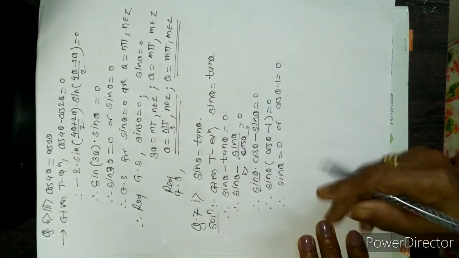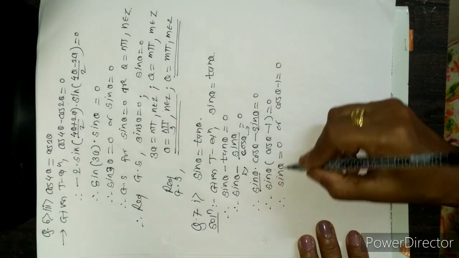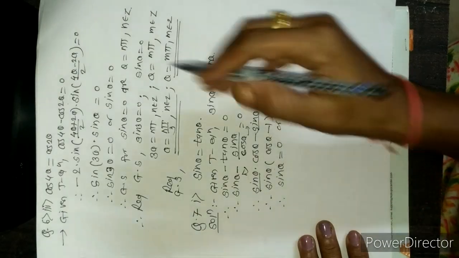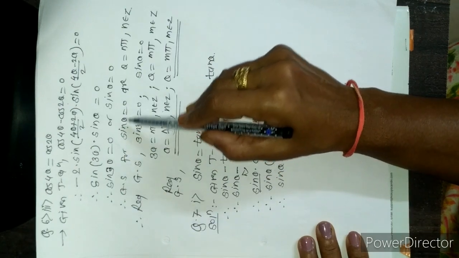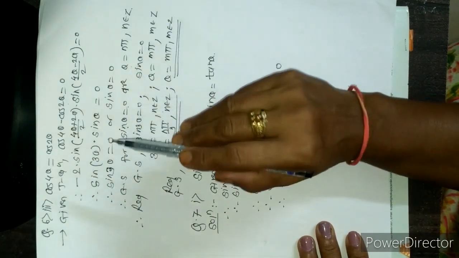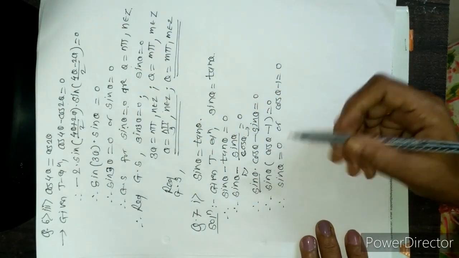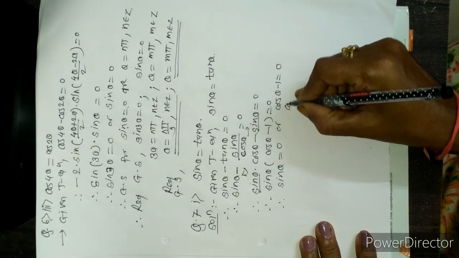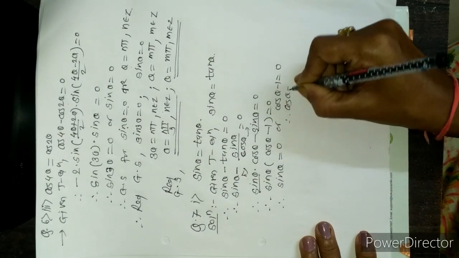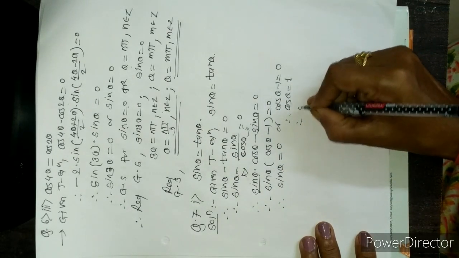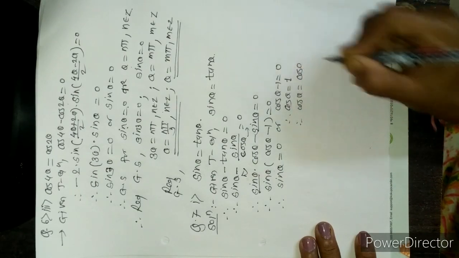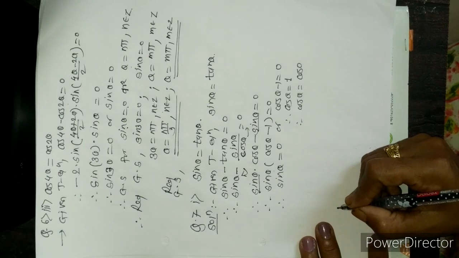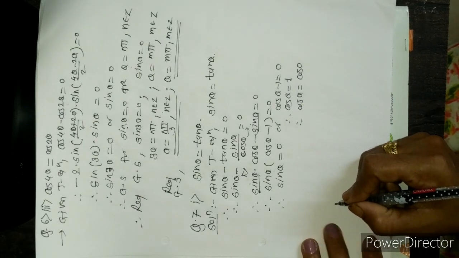Now use the general solution for cos theta equal to 1. In the previous example, we took the general solution for the equation sin theta equal to 0, that is theta is equal to n pi, meaning along the x-axis. So here we simplify this equation, cos theta equal to 1, and therefore 1 can be replaced by the cosine ratio of the angle 0, because we know that cos 0 is equal to 1.